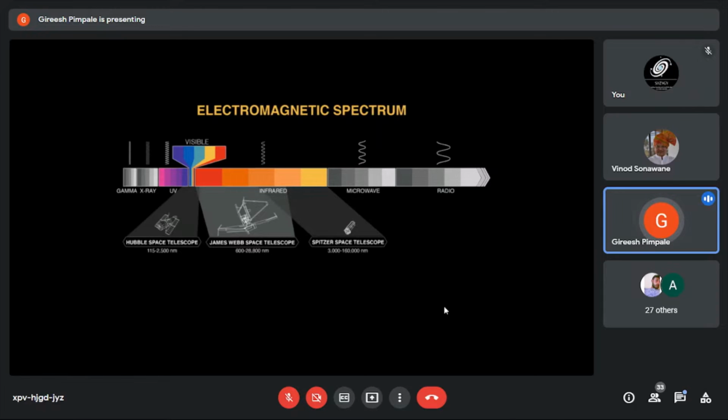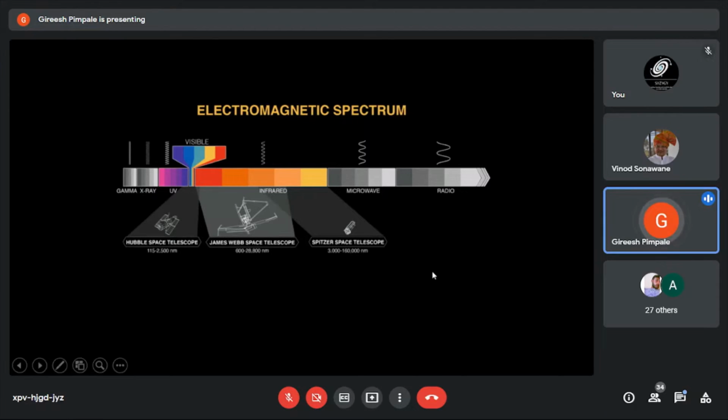When we are looking at space or receiving signals from space, we get waves of all these types. We get almost the entire electromagnetic spectrum coming from various objects in space. Out of that, only the visible part was received by the Hubble Space Telescope. Now this James Webb Telescope is going to catch the IR part, that is the infrared part of the electromagnetic spectrum.